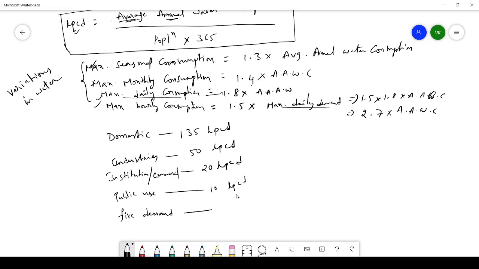The fire demand is generally, for Indian cases, 1 LPCD, but we have different formulae to calculate fire demand, and totally we have 4 formulae for that. They are Kuchling formula, Freeman formula, Buston formula, National Board of Fire Underwriters formula.